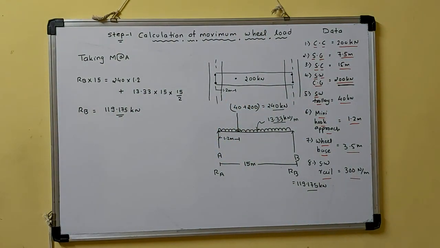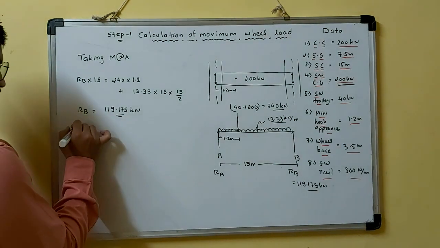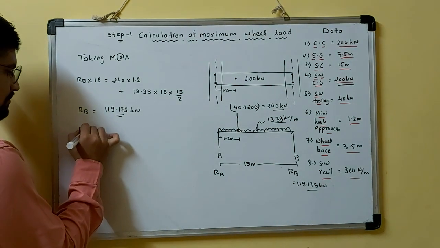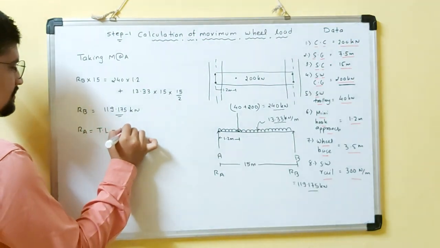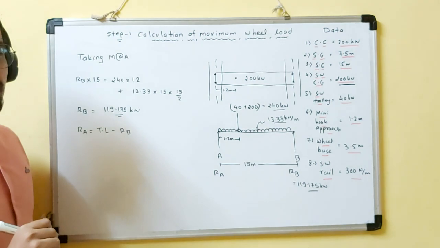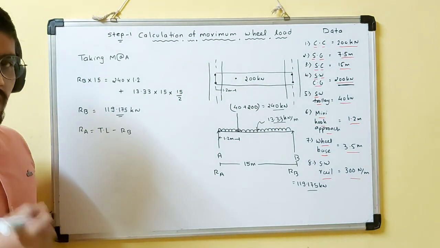Now calculate the value of RA. RA is equal to total load minus RB. Why? Total load is equal to RA plus RB.